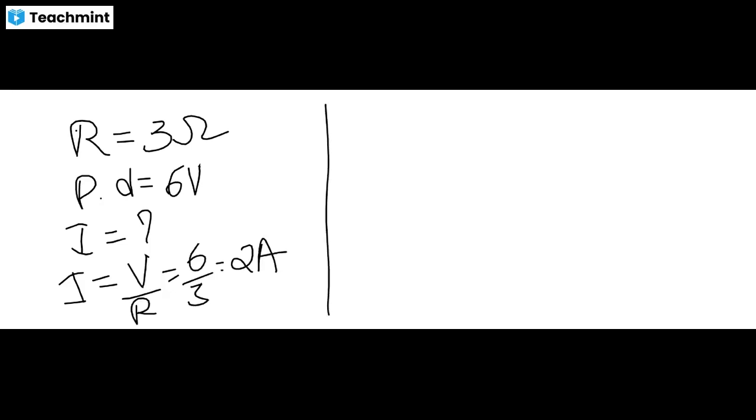A car headlight bulb working on a 12-volt car battery draws a current of 0.5 amperes.